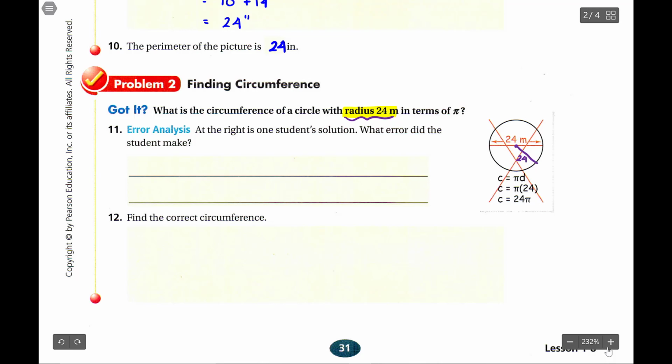Their mistake was they substituted radius in for diameter when they should have used 24 for the radius, which would mean that the diameter is actually 48. So the student incorrectly labeled the radius.